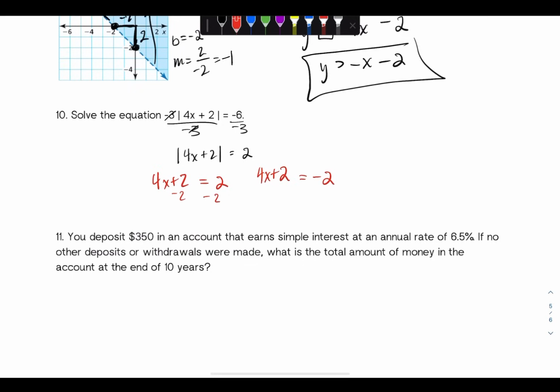I'm going to subtract 2 from both sides, and I'm just doing both equations at the same time. And I get 4x equals 0, and over here I get 4x equals negative 4. So when I divide by 4 for both equations, I get x equals 0 on the left equation, and I get x equals negative 1 on the right equation. So there are my two answers.